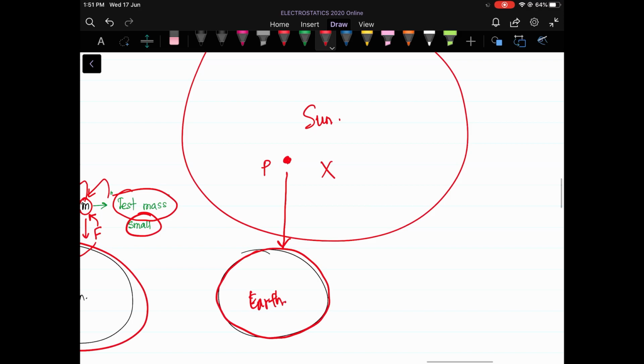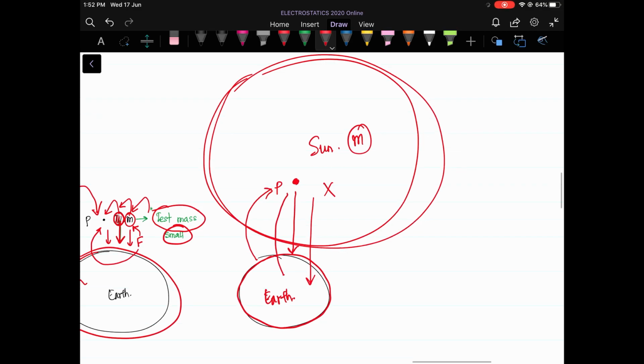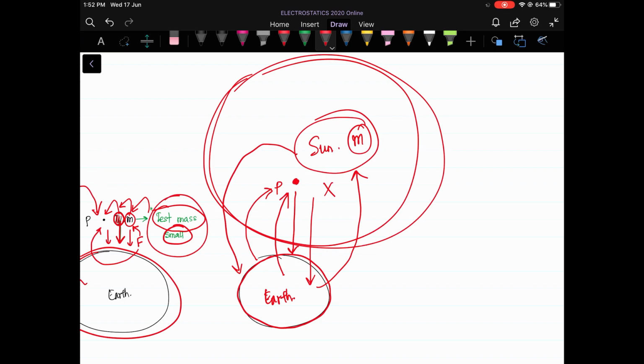What we cannot do is, to know the gravitational field of Earth at a point like P, take the Sun as a test mass and keep it at point P. Clearly no chance that the Sun is going to fall on Earth. The Earth will start falling on the Sun. What I want to say is that you cannot take a test mass bigger than the mass of the Earth itself, but you have to take a very small test mass.